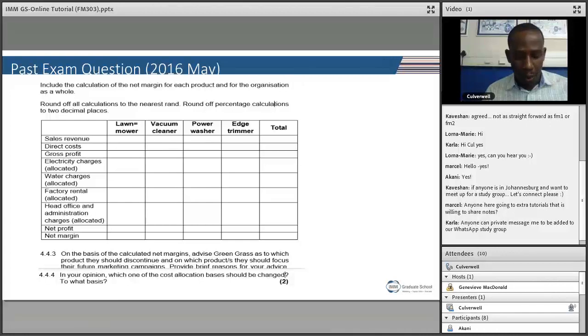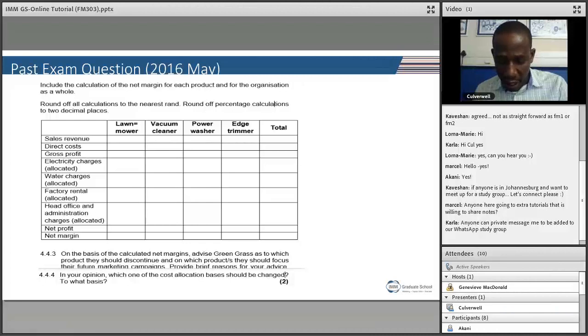So let's do the calculation for the net profit for the lawnmower. Remember, I'm now starting from the gross profit, subtracting my indirect cost. So our gross profit was 24 million for lawnmower. Subtract the 337,500 which we incurred towards electricity.